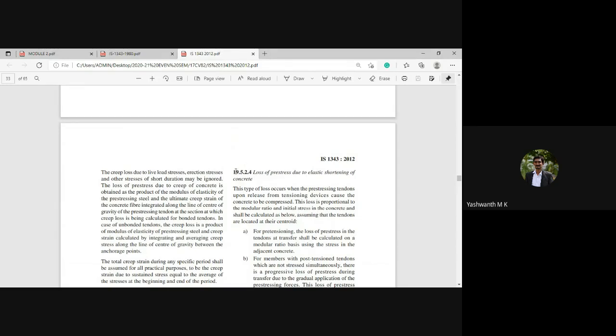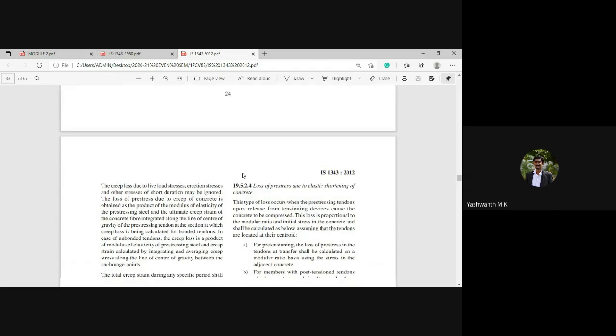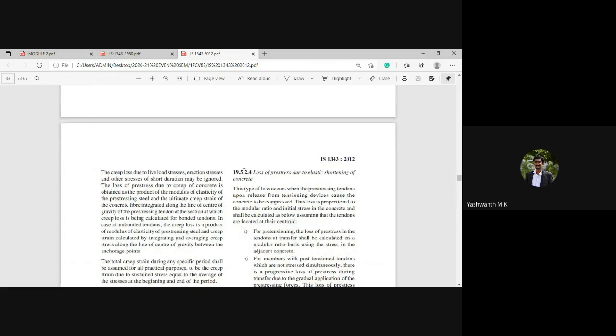This is in clause 19.5.2.4, page number 25. Please remember this, because whatever page numbers I mention will be useful while solving problems in the examination, so that you can immediately open that particular clause or page number in the code book and save the time instead of searching. That's why I specify this.